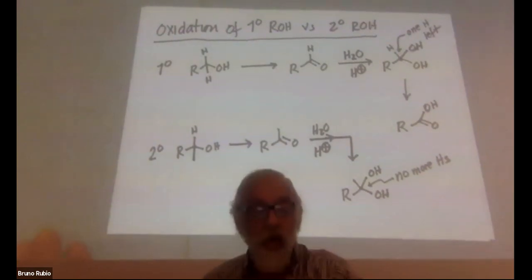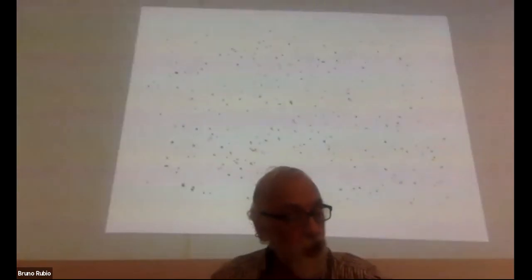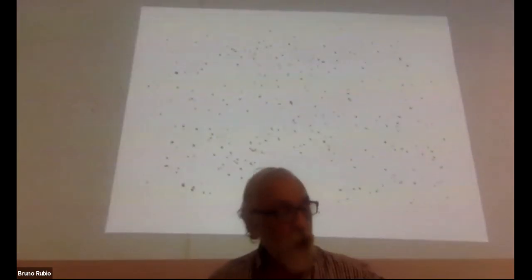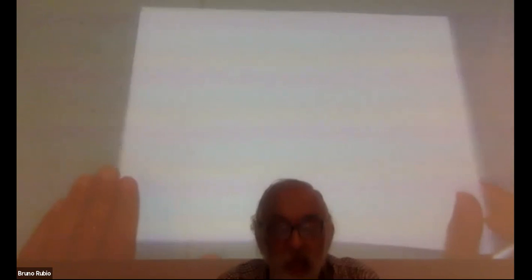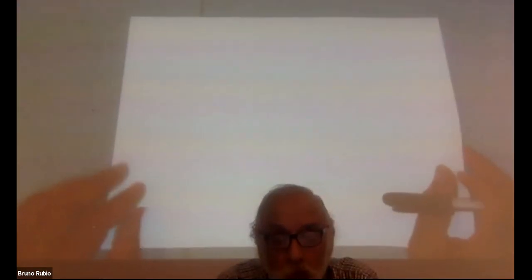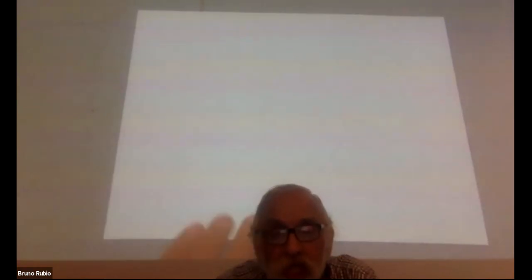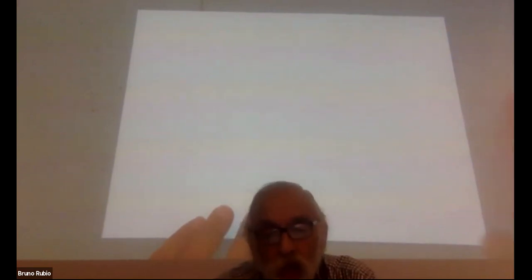Okay, so now, one of the things that is much to be desired with the Jones oxidation is that it would be nice to be able to take a primary alcohol and stop the oxidation at the aldehyde stage, because sometimes going on to the carboxylic acid is considered an evil.